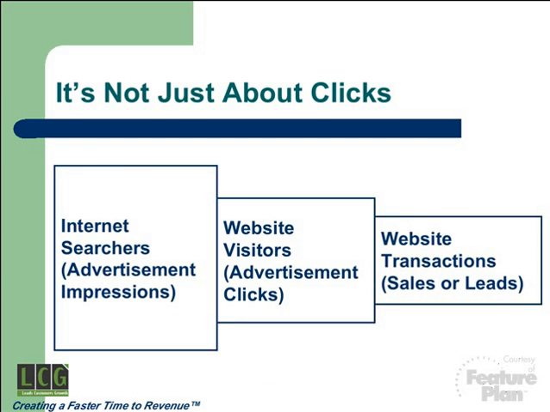So one of the high level things that is very important to avoid malpractice out there is to make sure that the people responsible for generating leads so the sales force can sell your products realize that it's not just about clicks. Clicks are a cost center. So from a website perspective, impressions are interesting but not terribly useful.